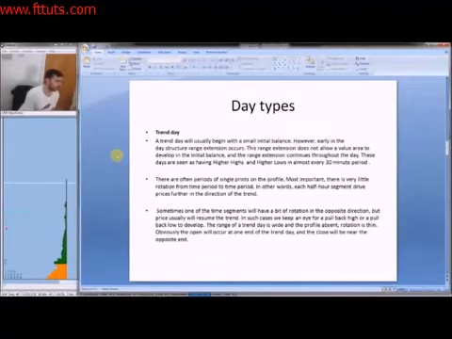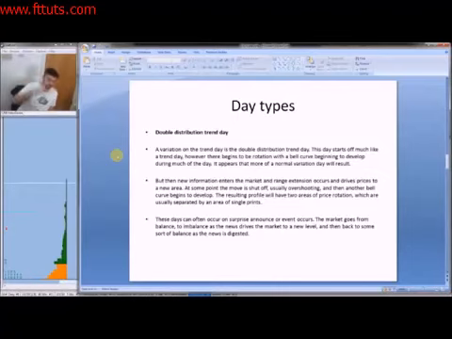There's no bell curve. Why is there no bell curve? Because there's no value. We are shifting value. Rotations are thin. The open will occur at one end of the trend day and the close will be at the opposite. We will open on our lows, we will close on our highs, or vice versa.